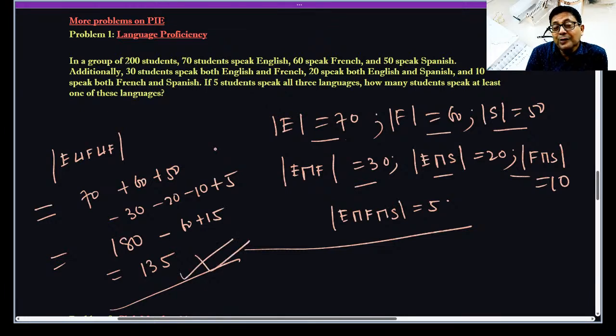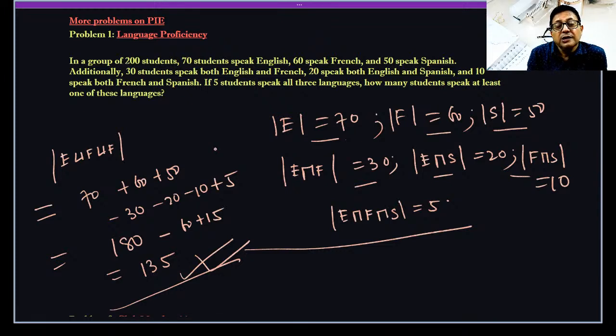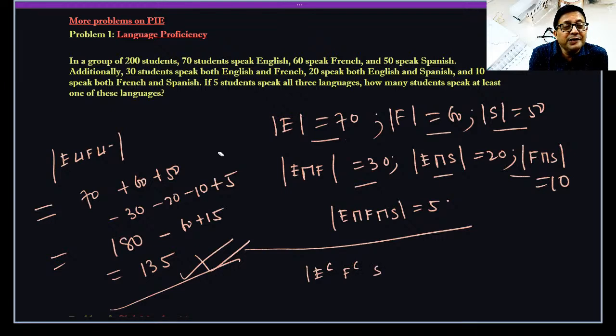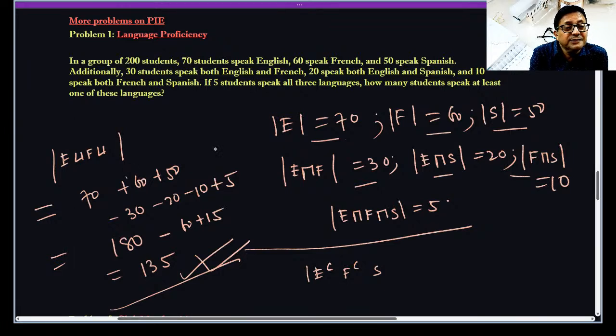But then how to find the number of students who do not speak English, French or Spanish? Then that is going to be given by, Spanish we have taken by the letter S. Okay, this will be what?